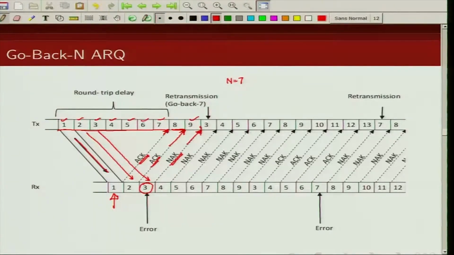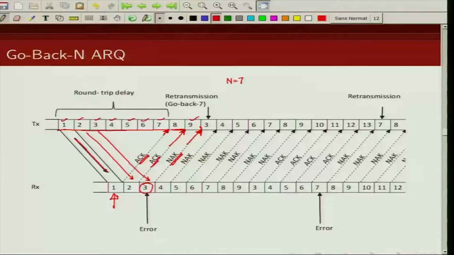Since this is a negative acknowledgement, as I said, if you get intimation about an incorrect frame received, the transmitter is going to back off and start sending again from the packet which was erroneously received. In this case the third packet was not received correctly, so we start sending again from packet number 3. At this time instance I am going to send frame number 3.